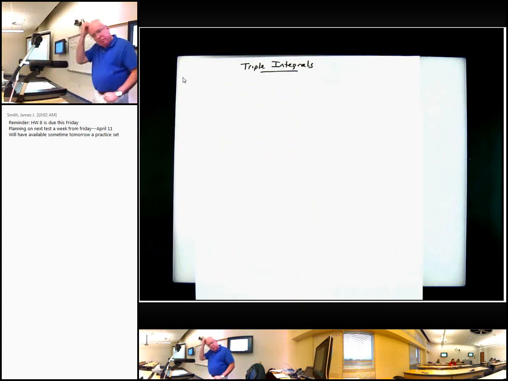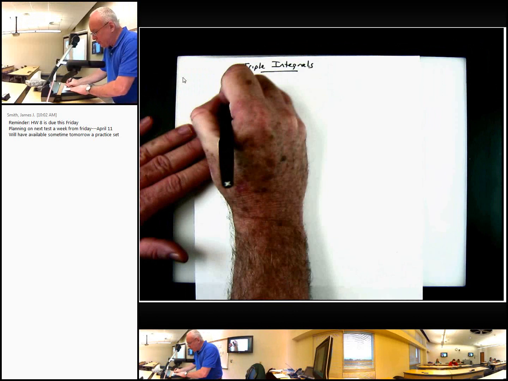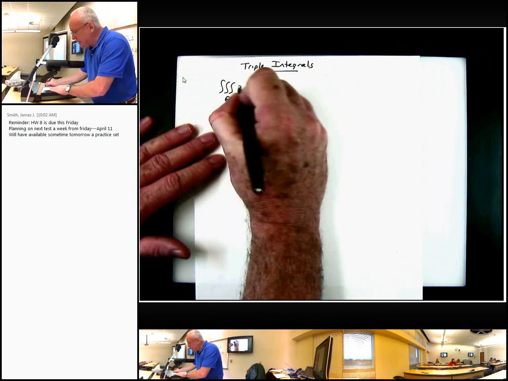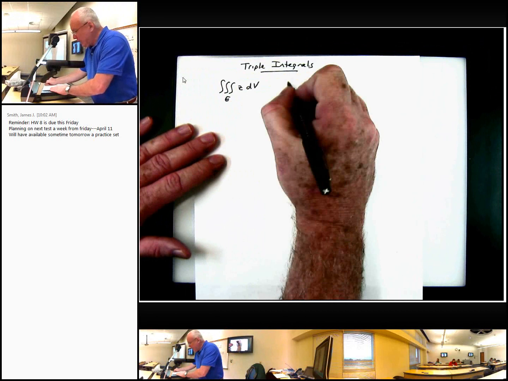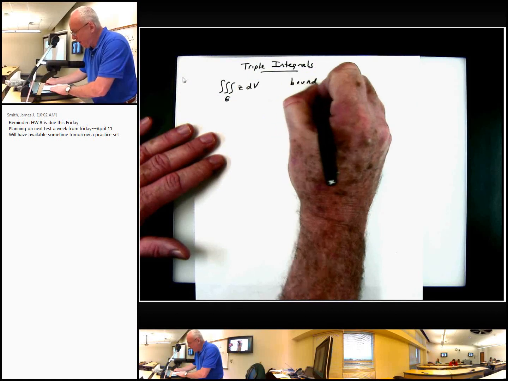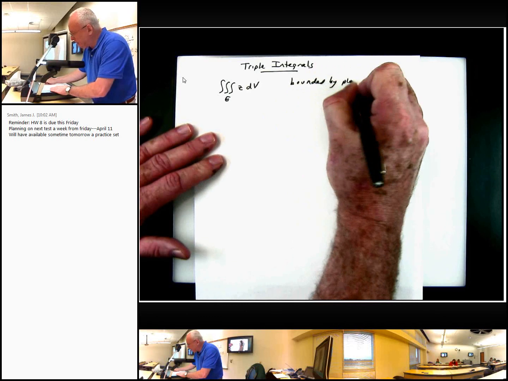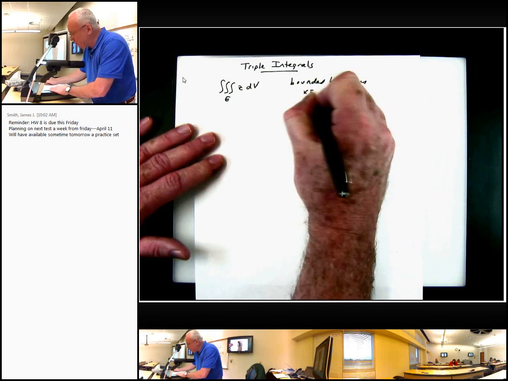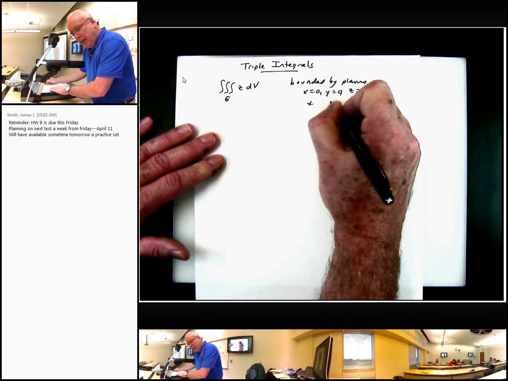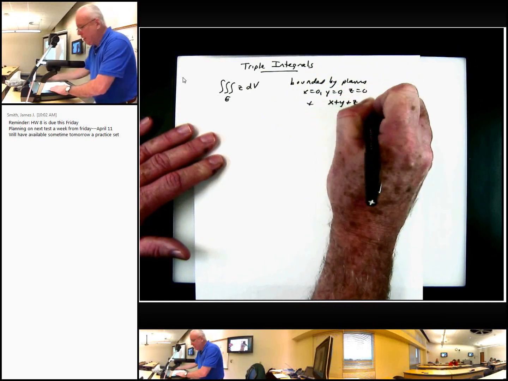The problem that we started out with was a triple integral over some solid E of z dV, and E is bounded by the planes x equals 0, y equals 0, z equals 0, and x plus y plus z equals 1.